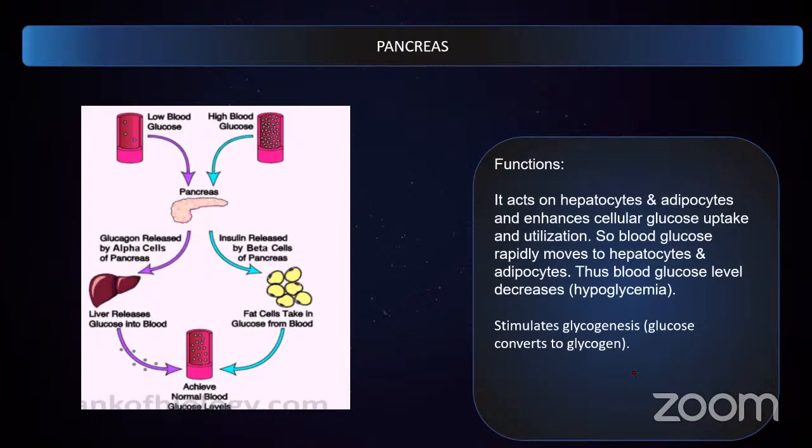This utilization decreases the blood glucose in our body. So insulin decreases the blood glucose level, whereas glucagon increases the blood glucose level.